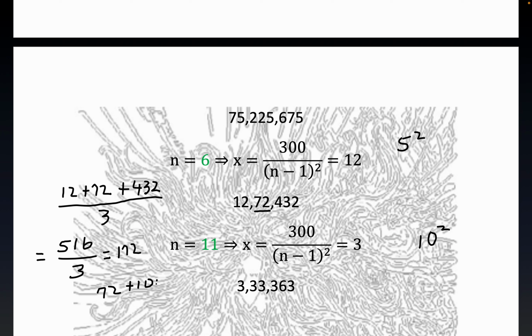And also, this implies 6 is the common ratio. You see 6 times 12 is 72, 6 times 72 is 432. So we get the common ratio and also the first term from this statement, and then we just roll with it. But remember, this was the Y plus 100 condition at the beginning of the problem.